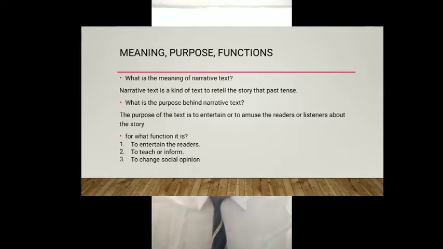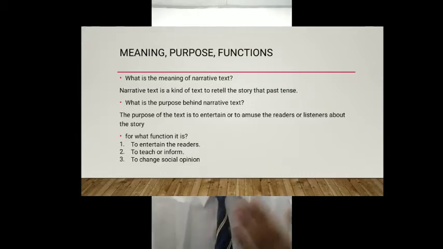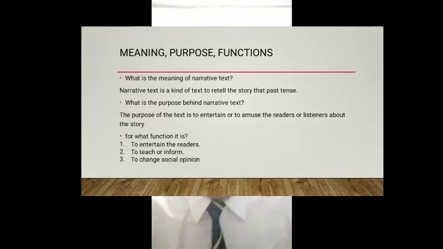Jadi fungsi-fungsi dari sebuah naratif teks itu pertama untuk menunjukkan kepada pembaca apa isi dari cerita yang sudah ditunjukkan dalam naratif teks tersebut. Kemudian yang kedua adalah untuk mengajarkan dan juga untuk menginformasikan kepada para pembaca makna yang terkandung dalam naratif teks tersebut.